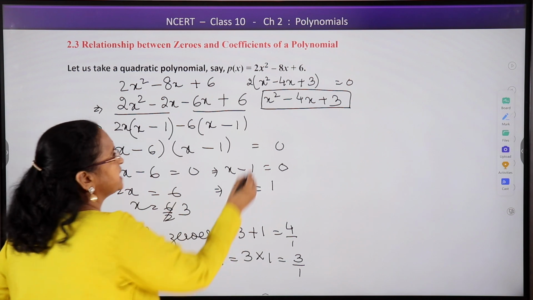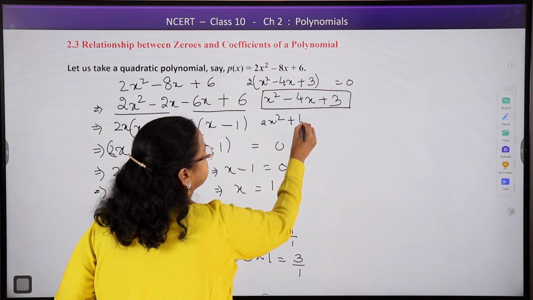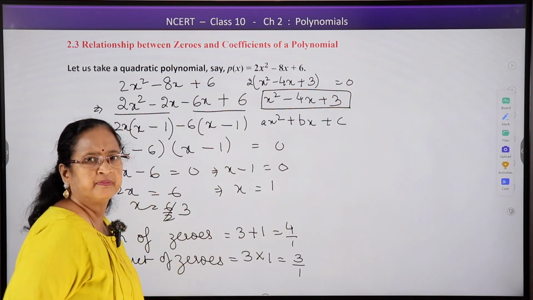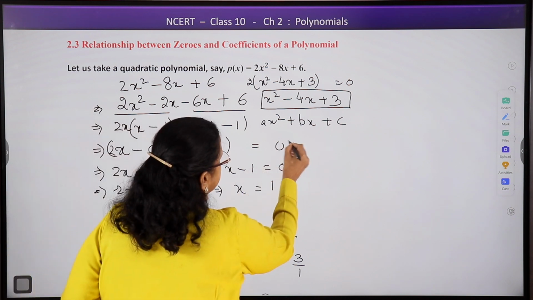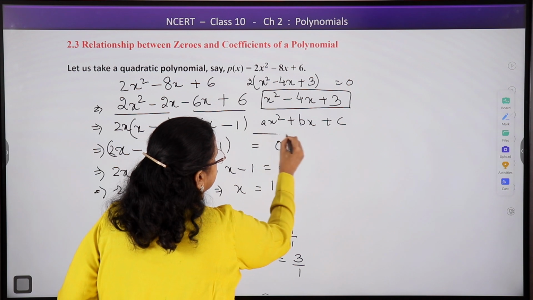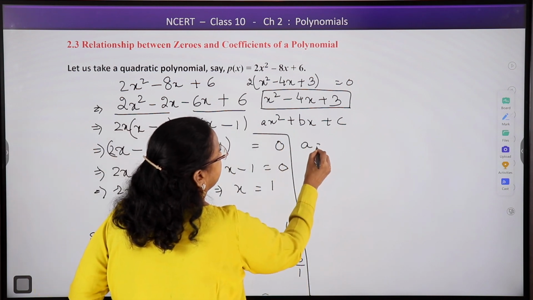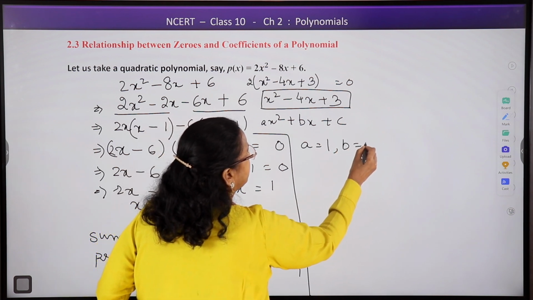Our equation is this, which is in the form ax square plus bx plus c. Now with this, what is the value of A? 1. What is the value of B?